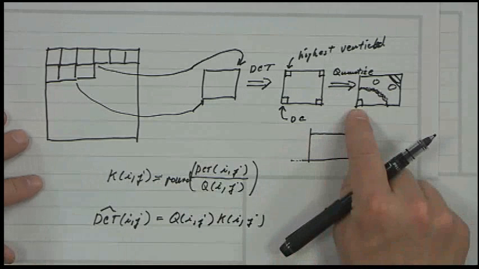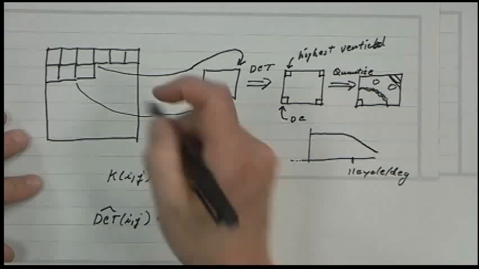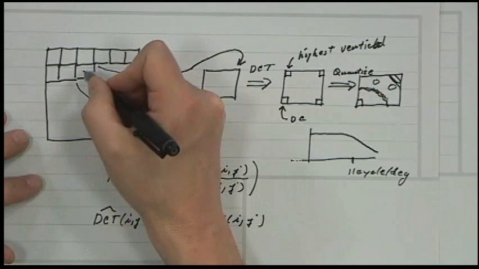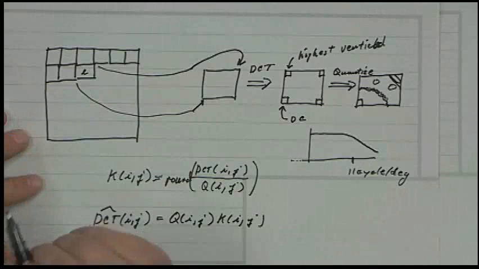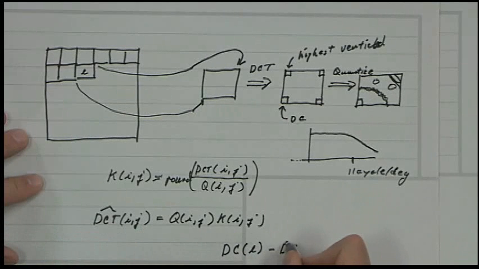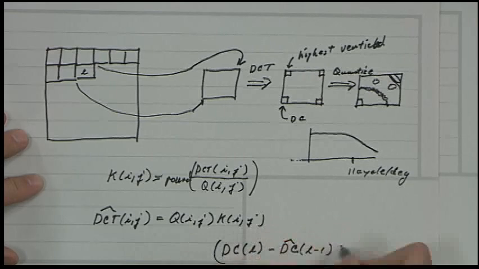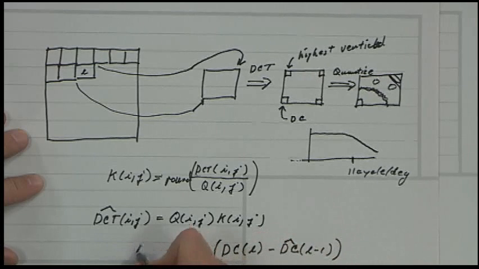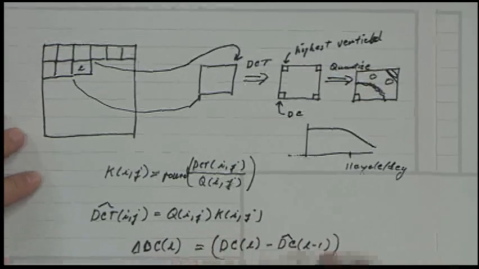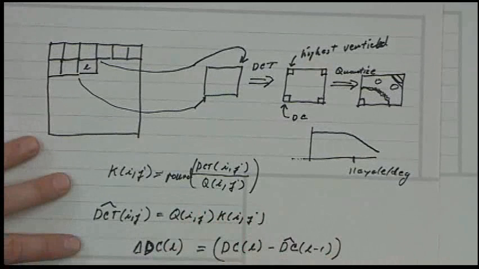The DC coefficient is differentially coded. So let's say that this is block L, right? You take DC of L minus DC hat of L minus 1, and that becomes the differential value, delta DC of L. You code the differential value, and then you reconstruct it to get the DC hat.